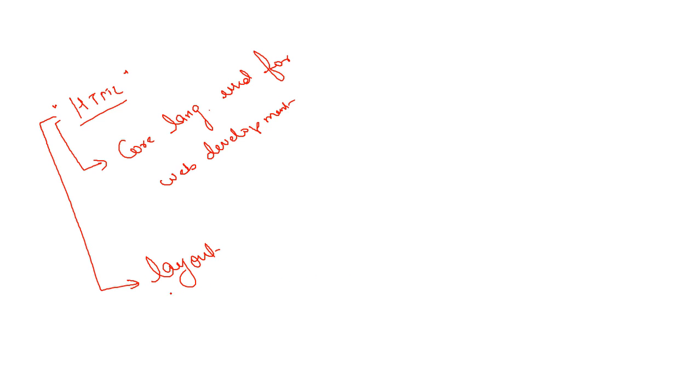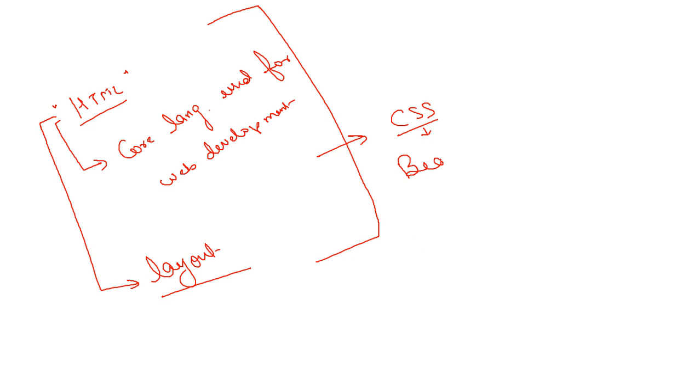To beautify these layouts or these HTML pages, we use CSS. CSS is a separate scripting language that is generally used to beautify the HTML output. By implementing CSS in HTML, we can give a texture to our web page and it will start looking like a professional website.